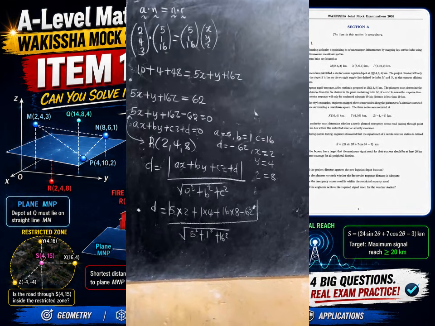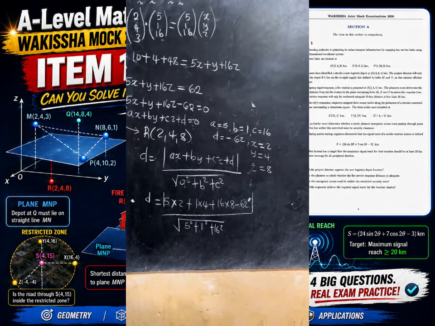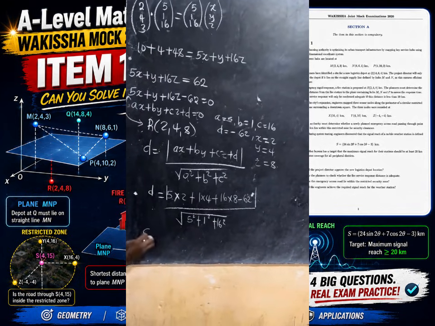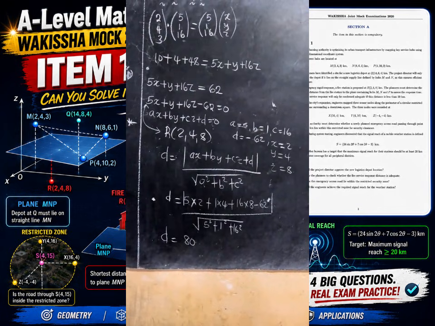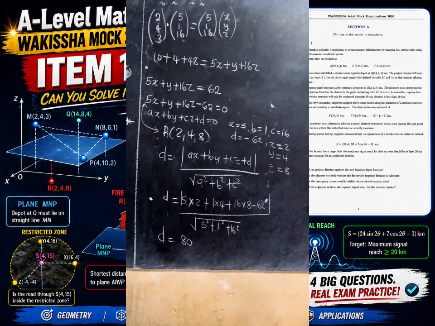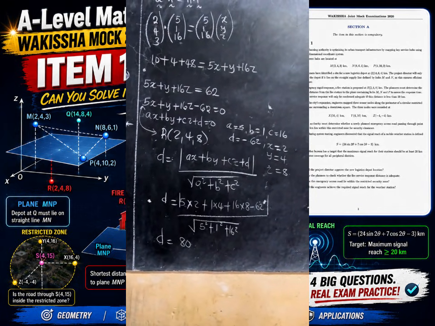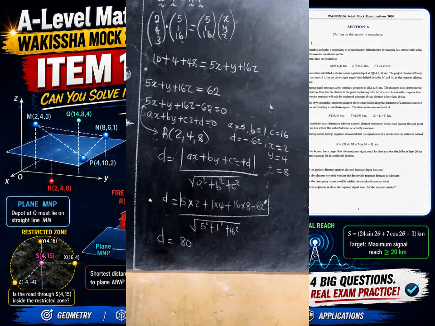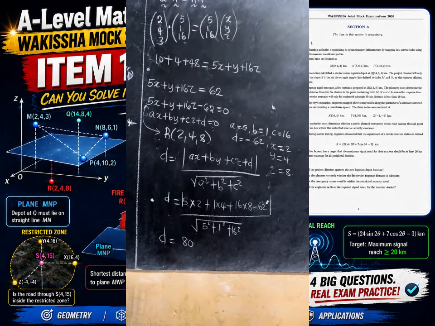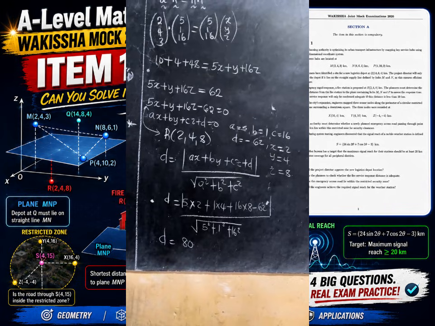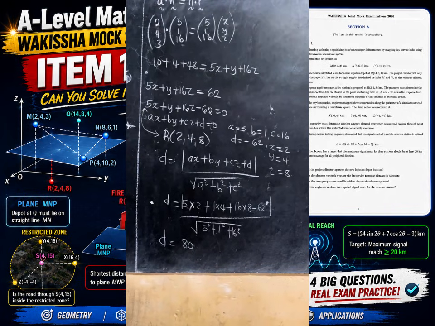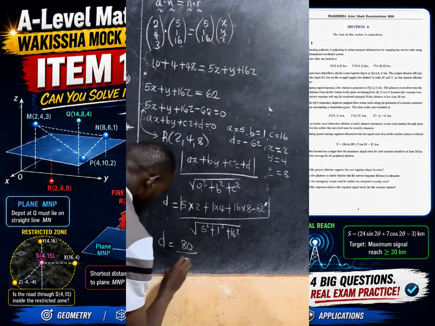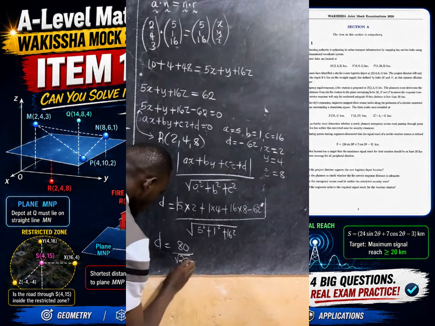On computing, we have 5 times 2 plus 1 times 4, plus 16 times 8, minus 62, is 80. So in the numerator, I have 80. It's already positive, we take it as it is. Then in the denominator, I have 5 squared plus 1 squared plus 16 squared, which is 282, and the root. This is the root of 282.